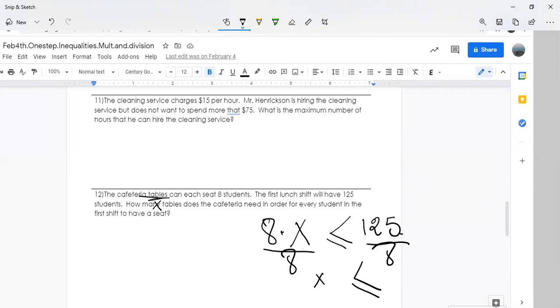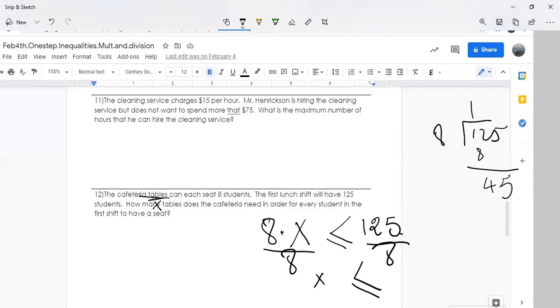So 125 divided by 8. All right, so 125 divided by 8 is 1, 8, and we have 45.